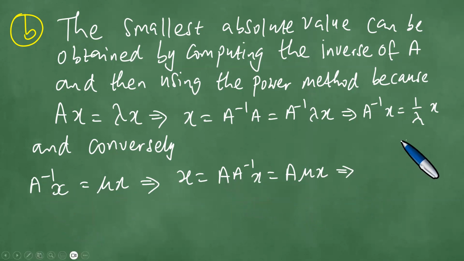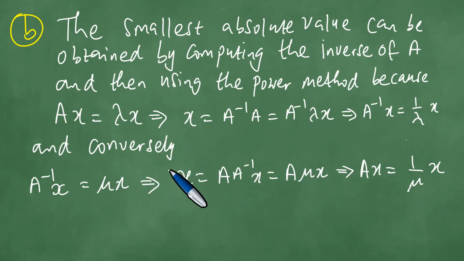In each case, obviously, we're attempting to solve for x. And what is the meaning of these? This is then Ax is equal to, you can divide by mu again, so that Ax is 1 over mu x. So in other words, this is true in both directions.